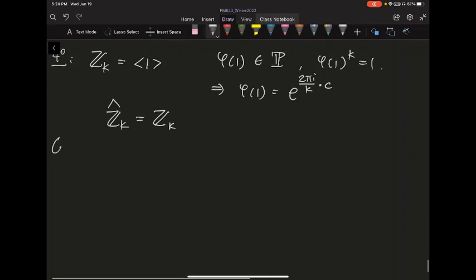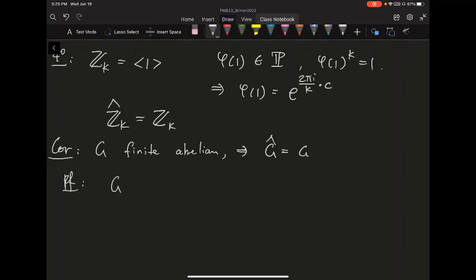And as an immediate corollary, if your G is finite abelian, then automatically the dual group of G is just equal to G. That comes from an easy fact of group theory. If G is finitely generated abelian, and here it is finite abelian, then G is just a product of groups Z of p_i to some power n_i.